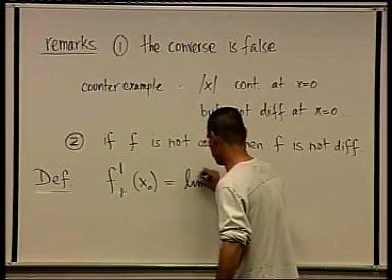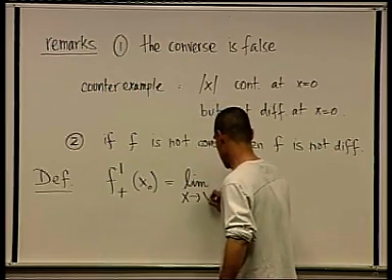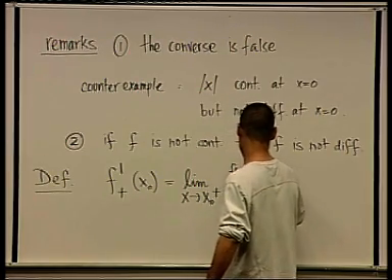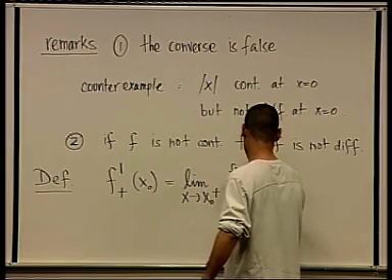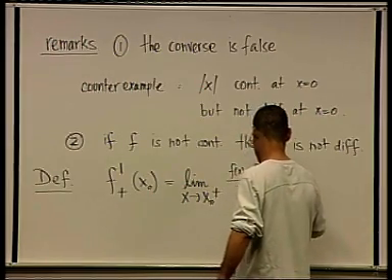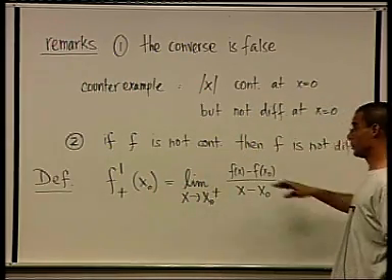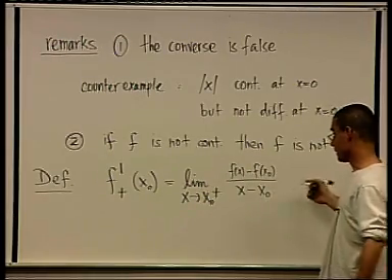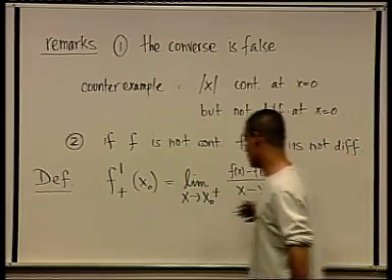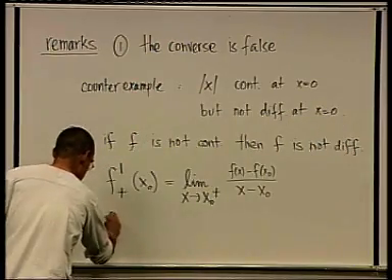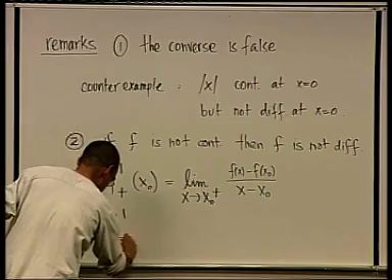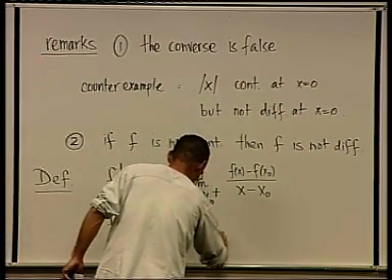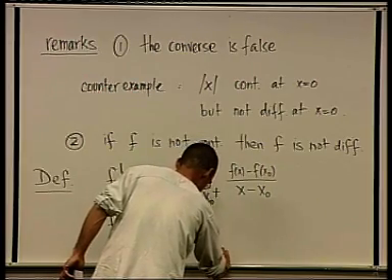So the limit as x goes to x0 plus of f of x minus f of x0 divided by x minus x0. This is the one-sided derivative at the point x0 if the limit exists. Okay? And f prime minus at x0 is the same thing as x approaches from the left.